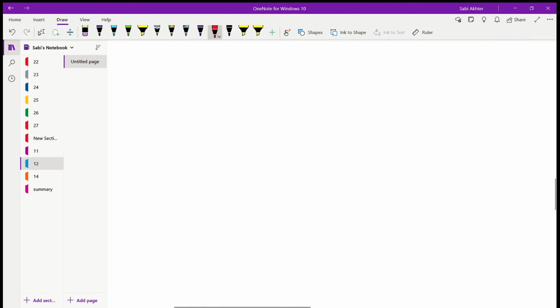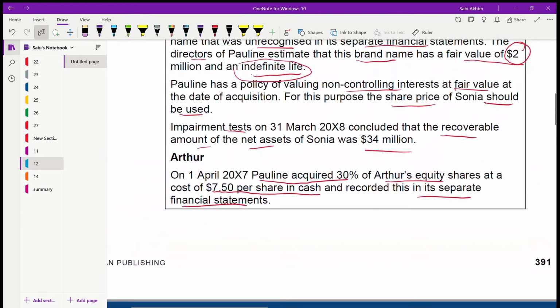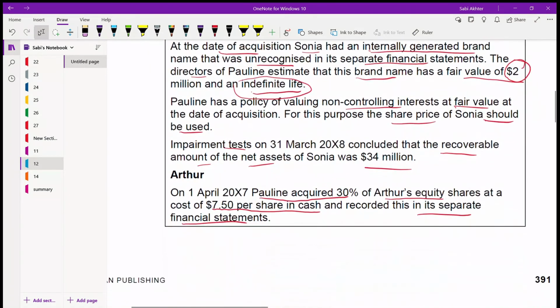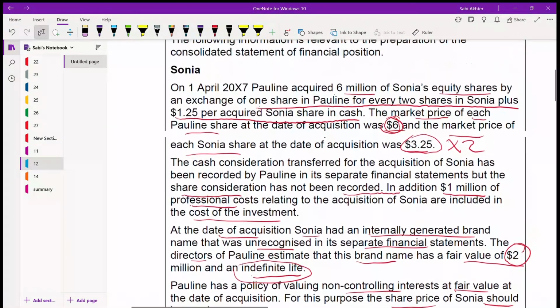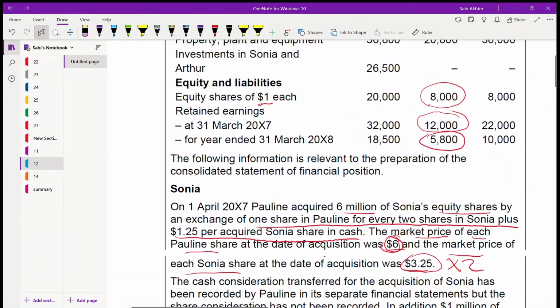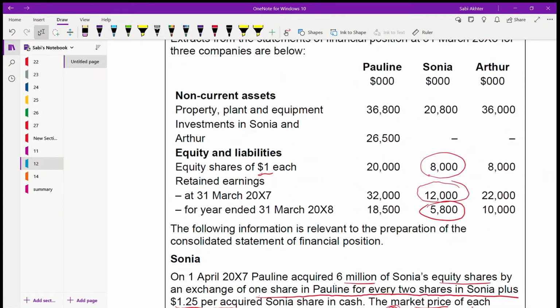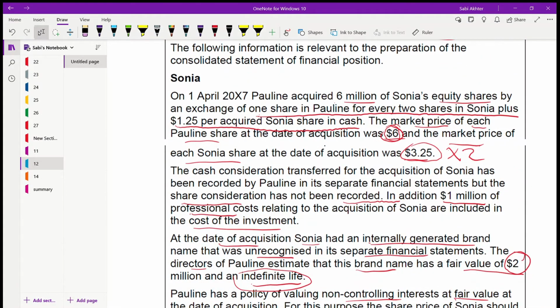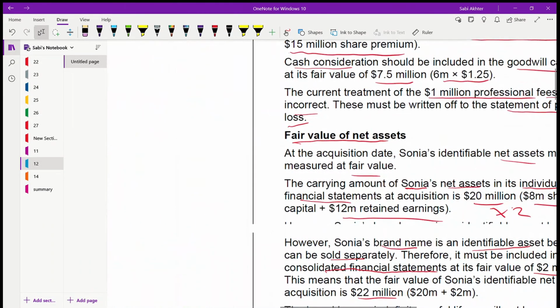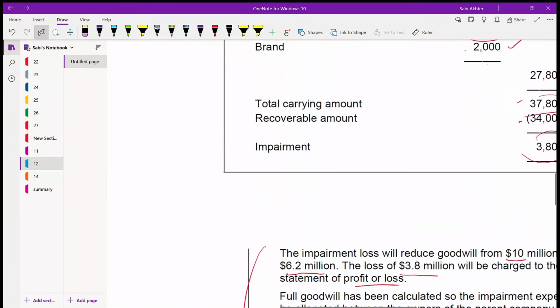It's very clear, right? Finding this cost is very easy. If you see for Akther, you have acquired 30% and the cost is 7.5 per share in cash. So 30% into 7.5 into 8 million. You have to go up and see. Just give me a time.